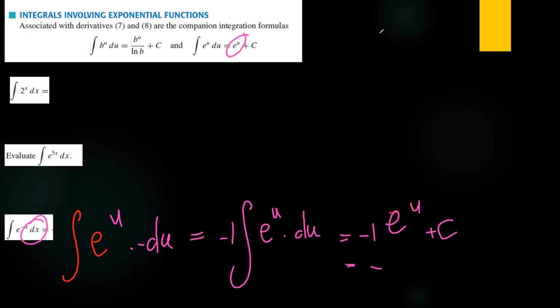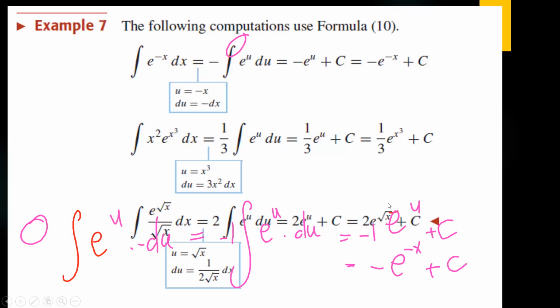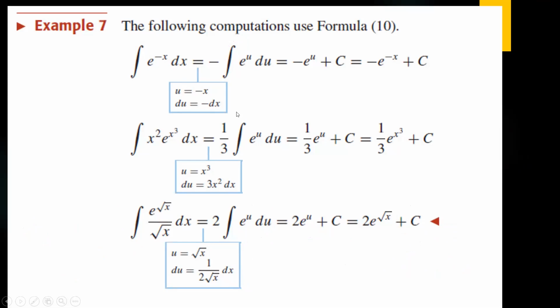So it will be negative e to the power negative x plus c. This one we solved. Now let's solve x squared times e to the power x cubed.